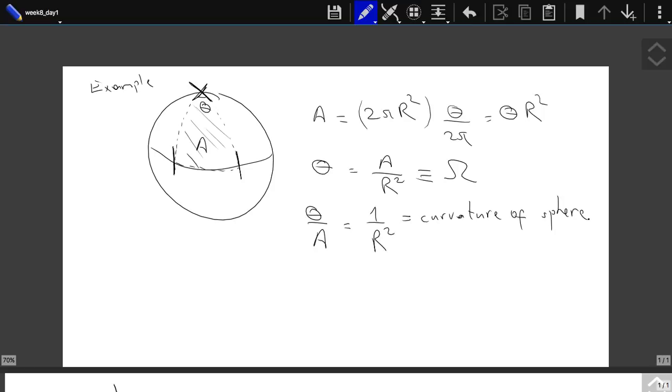You just take a vector and move it around a closed loop, and at the end of this closed loop, the vector changes a bit, and that change is proportional to the area, with the proportionality constant being the curvature of your space. If your vector comes back to the initial vector after this closed loop, then we say that it is flat. If it doesn't come back, then we say it is curved. So here, this is an example. This tells me that the sphere is curved with a curvature given by the inverse radius.